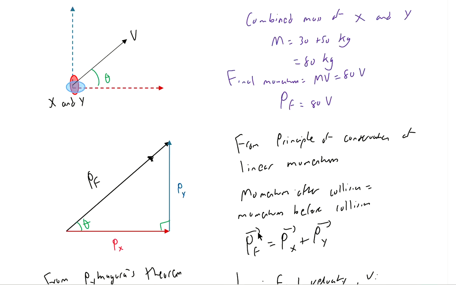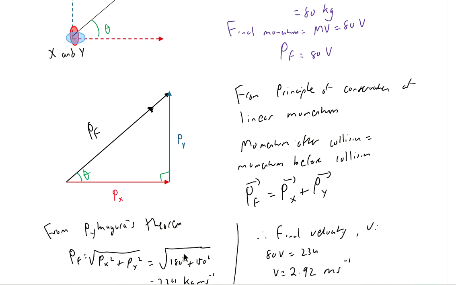This is easier than the example we have seen previously because now we do have an angle which is 90 degrees. I can draw a vector triangle. This is momentum of x before collision, momentum of y. When I add it, I should have the final momentum, pf. So I obtain a nice right angle vector triangle. Whenever you hear triangle and right angle, you know that Pythagoras theorem will come in handy.